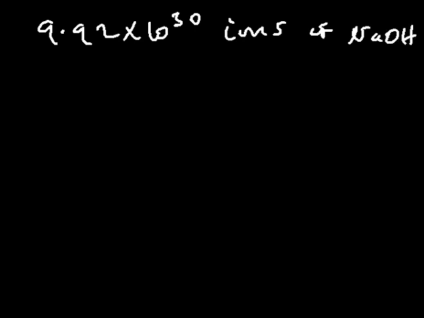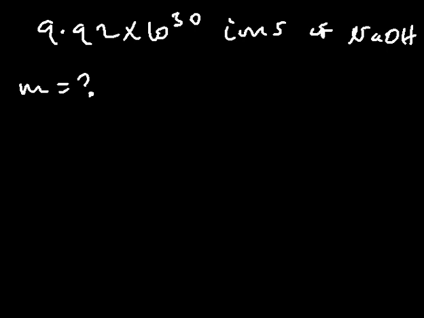In this case, what is the mass of sodium hydroxide in 9.92 times 10 to the power positive 30 ions of sodium hydroxide? So how should you find the mass in this? Try to work that one out.